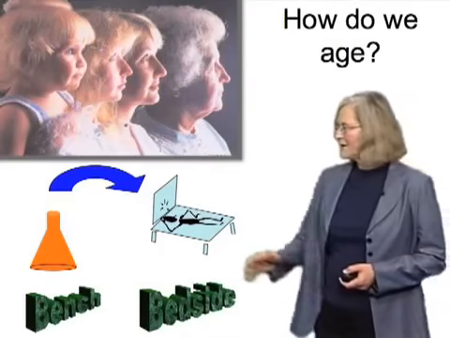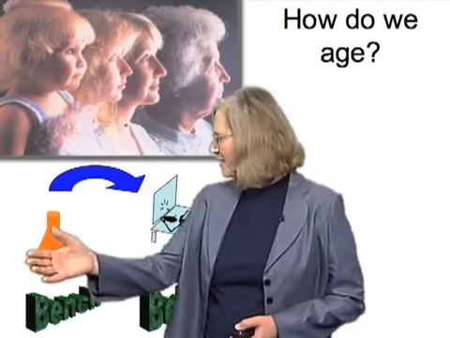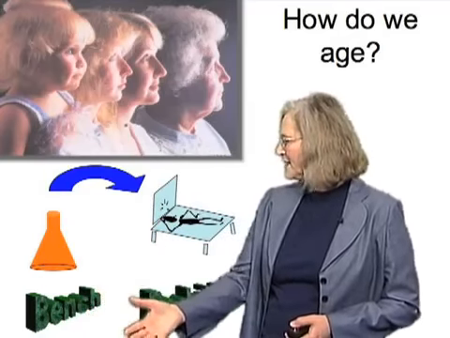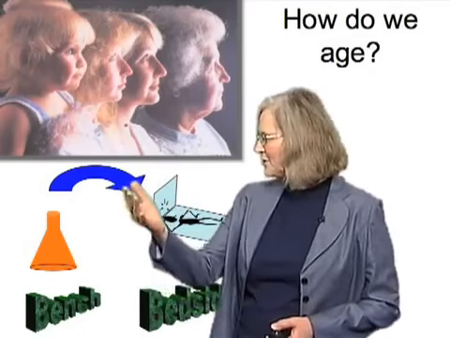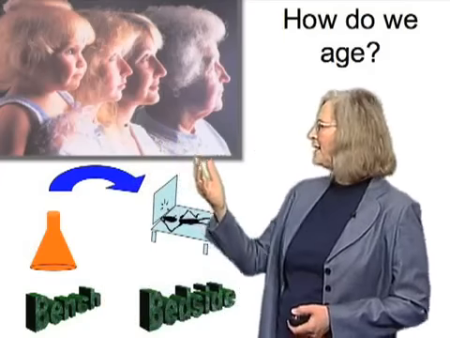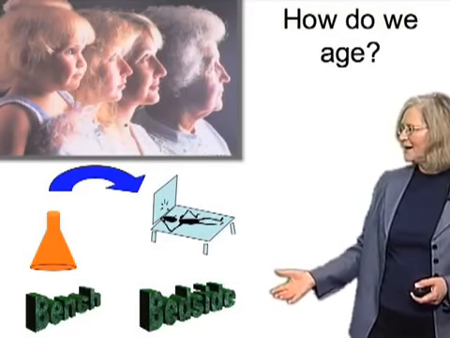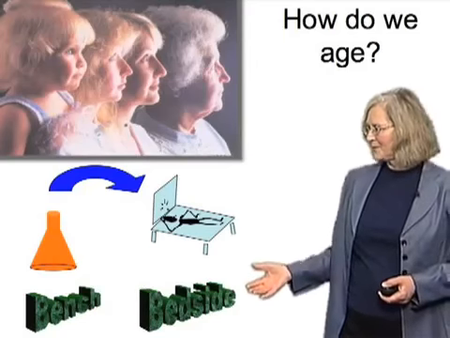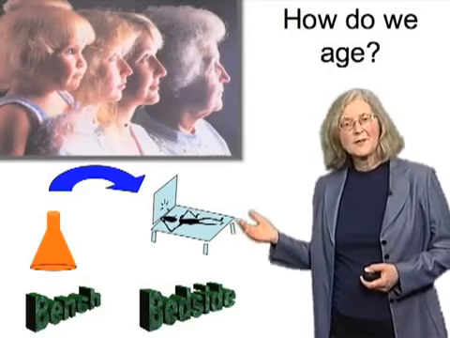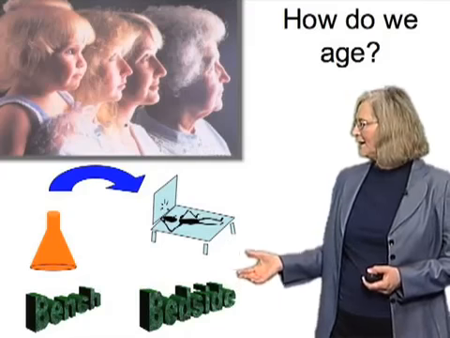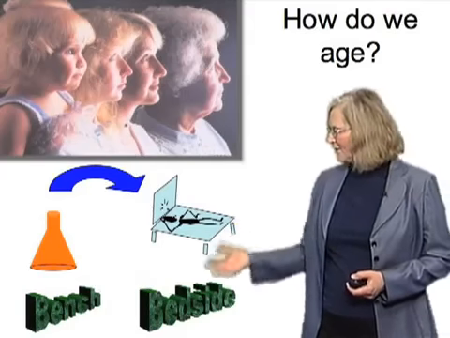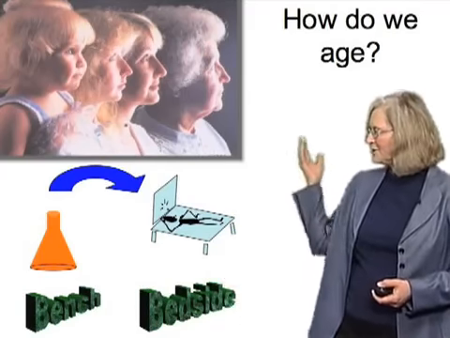So how do we age? So we've learned a lot as we have studied telomeres and telomerase in the laboratory in model organisms that can now start to feed into this question of, in humans and in people susceptible to diseases of aging, how does this happen? How do we age?